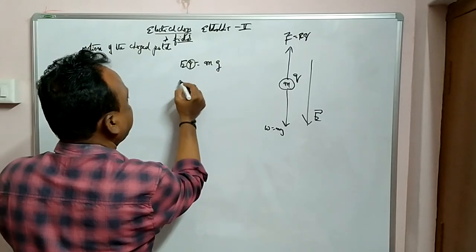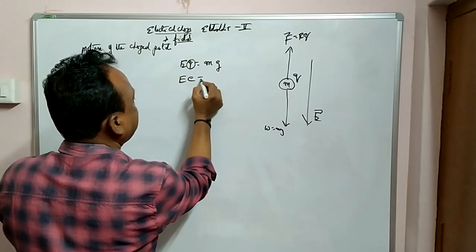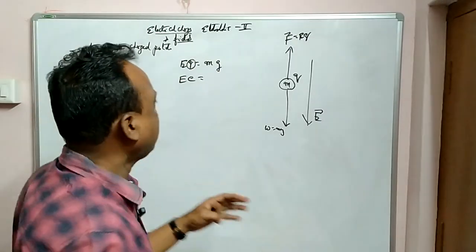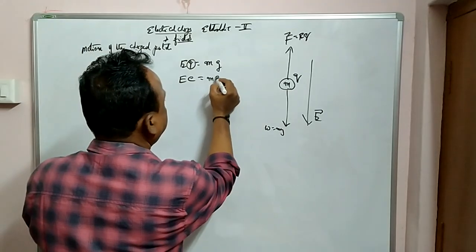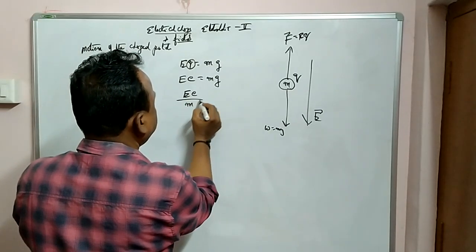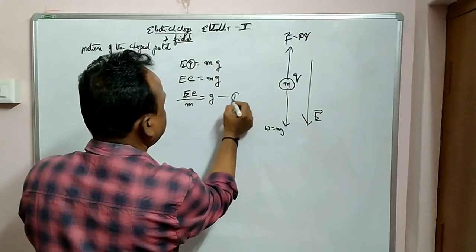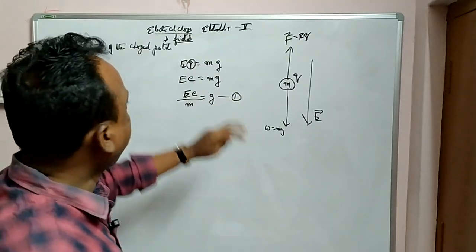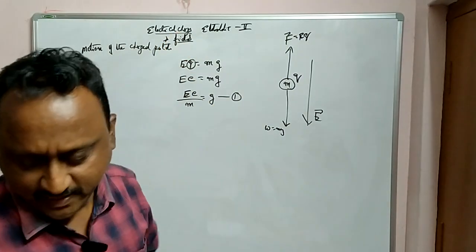This EQ is sometimes also written as EE, where E is the charge of the electron. So E is equal to m into g, or from this, EE by m is equal to g, equation 1.